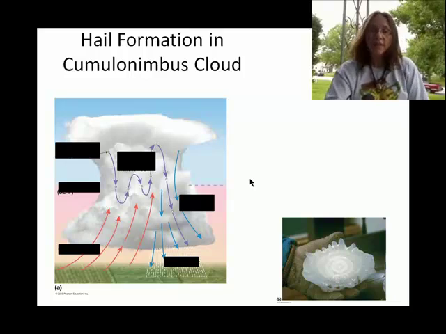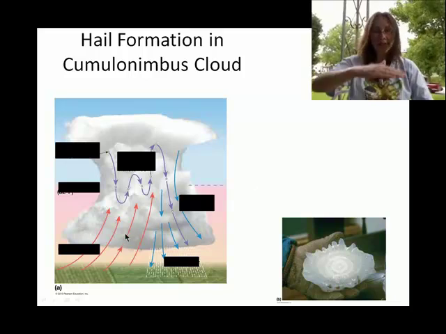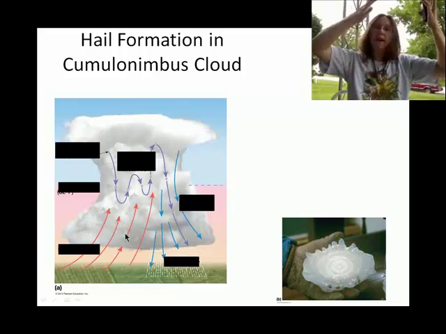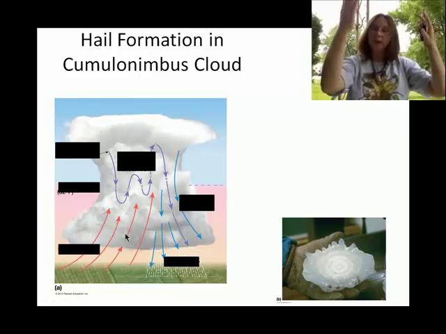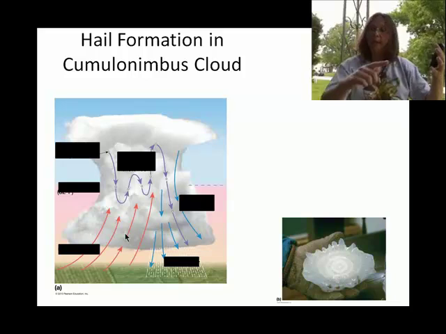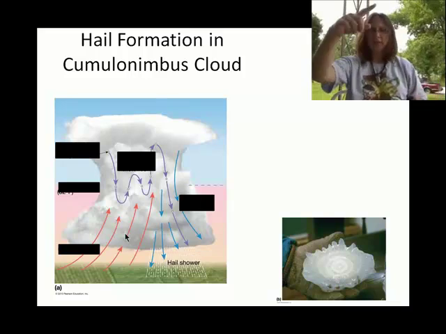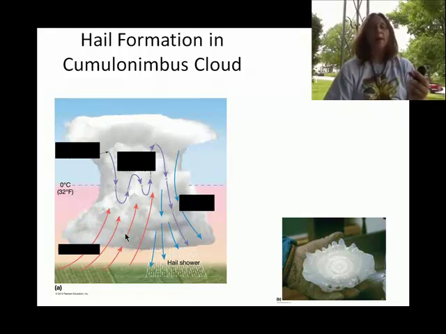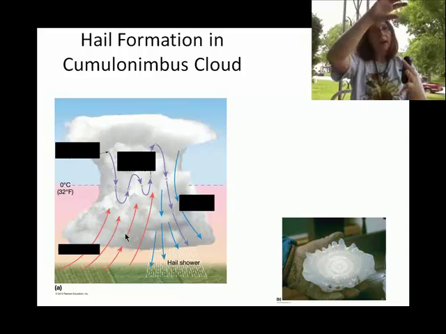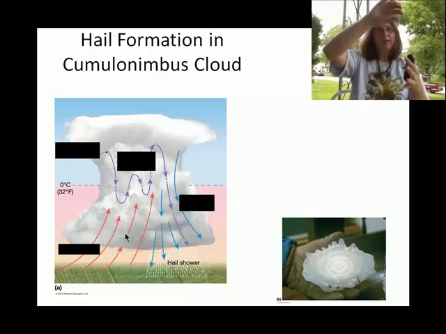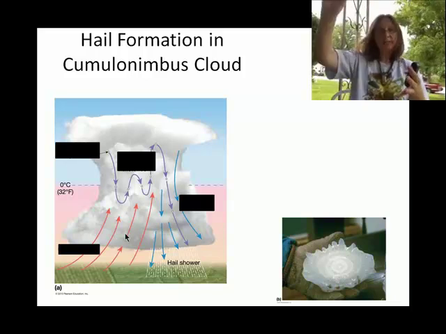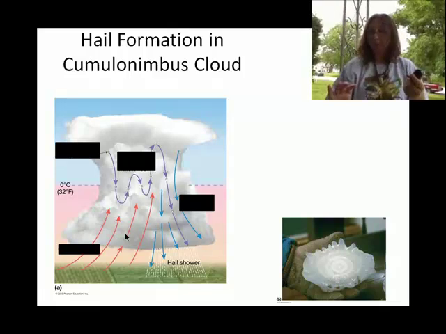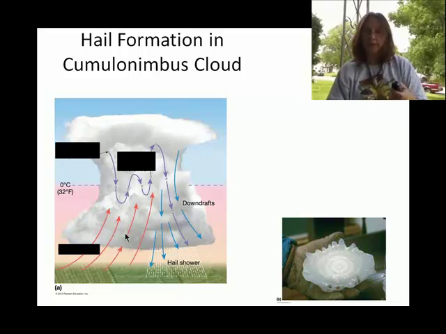Can you see the updraft down here? This is a cumulonimbus cloud. The updraft is in red and the downdraft is in blue, and you can see this purple going up and down. Within this cumulonimbus cloud, the top is cold because we have freezing temperatures, and at the bottom we have temperatures warmer than freezing.